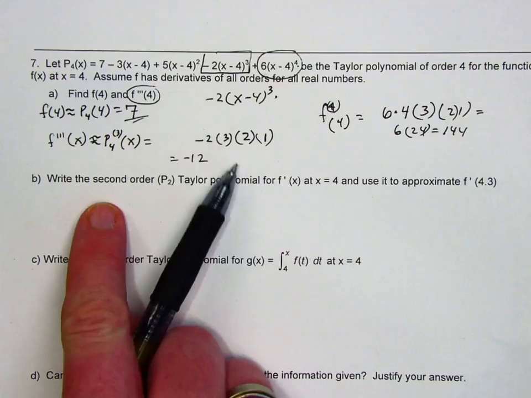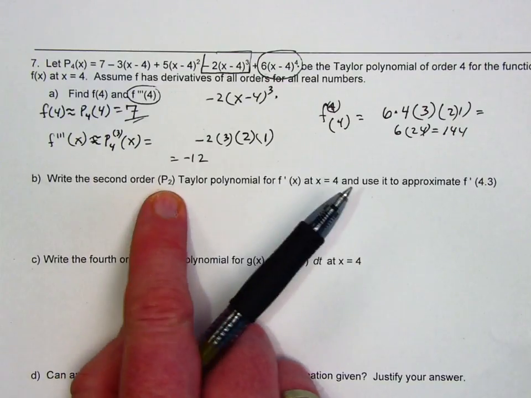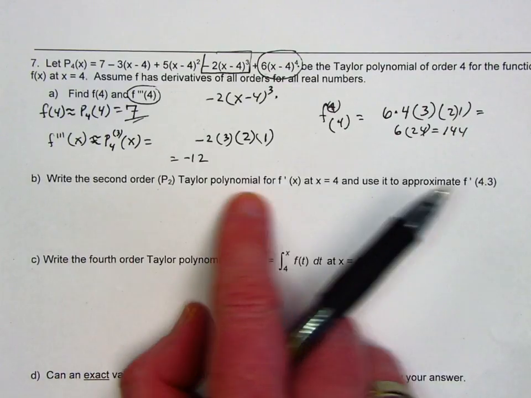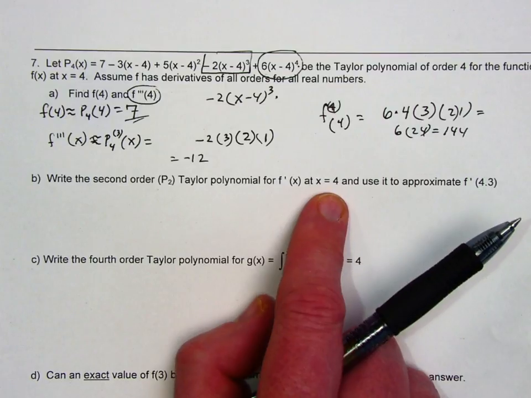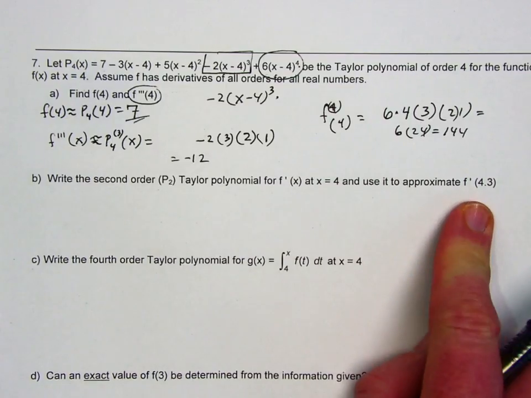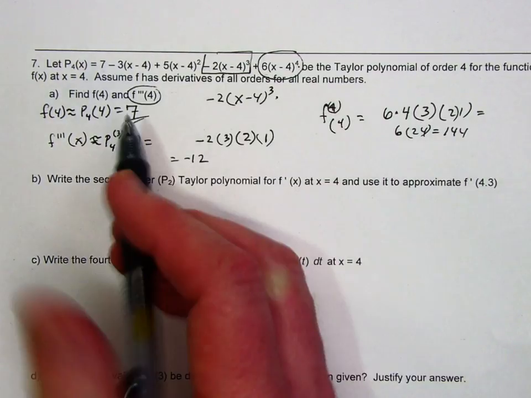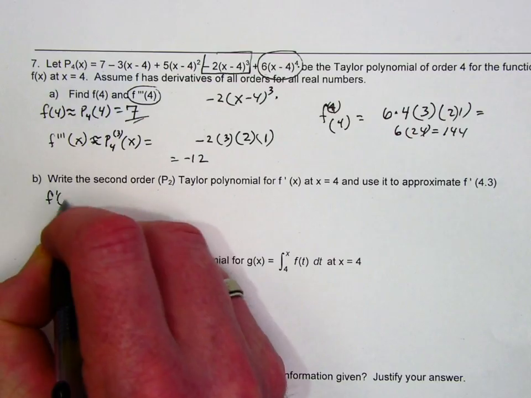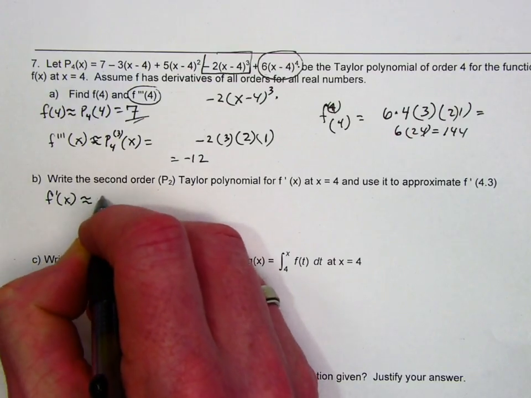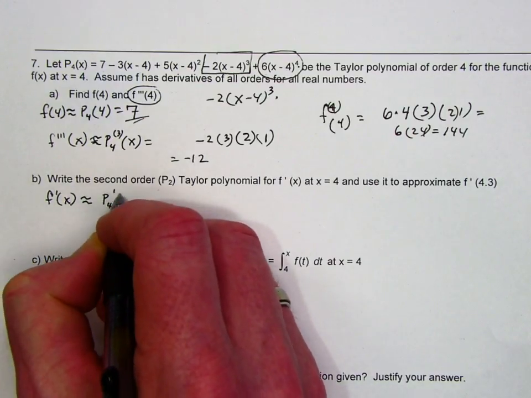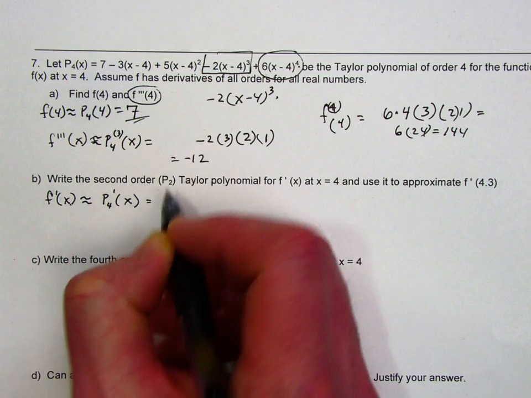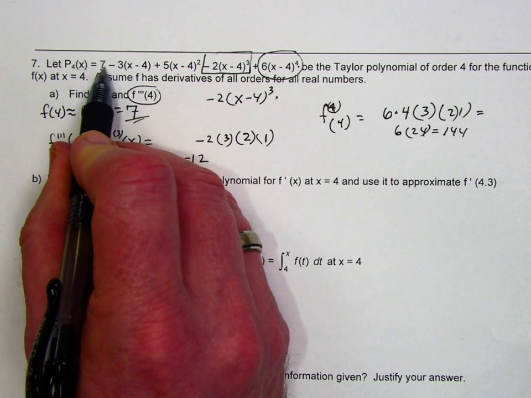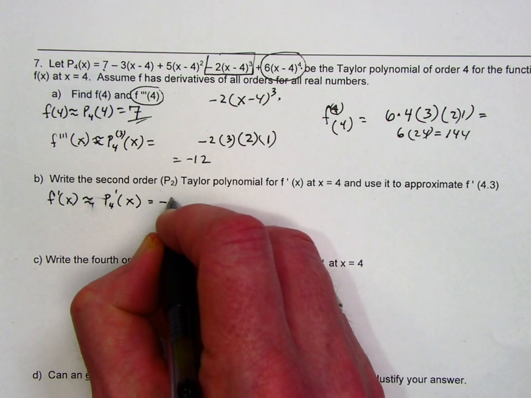All right, so question B says write the second order, which is the P2, Taylor polynomial for f prime at x is 4, and then we're going to approximate this. So let's first find f prime. So f prime of x is approximately equal to the P4 prime of x, which is, this is gone, so I get negative 3.